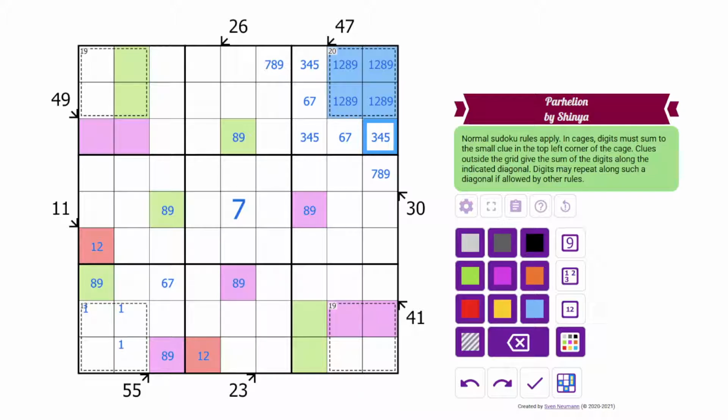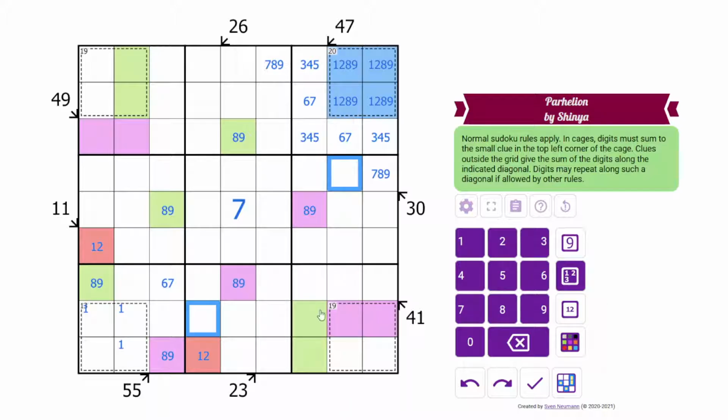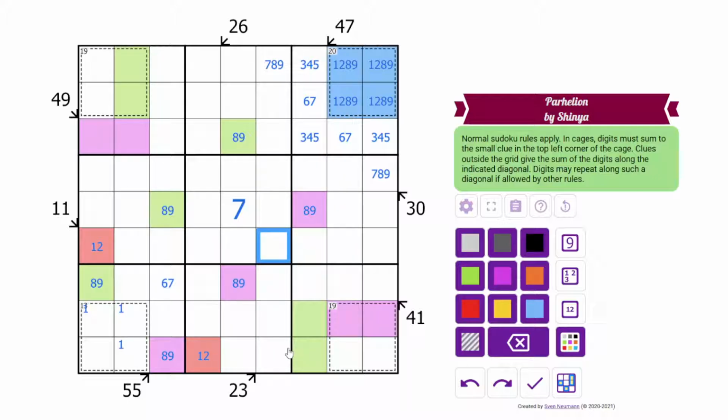So 50 minus 5 minus 9 minus 9 minus 9 means that these have to give me 18. These have to be a maximum of 7. And that's a maximum of 4.